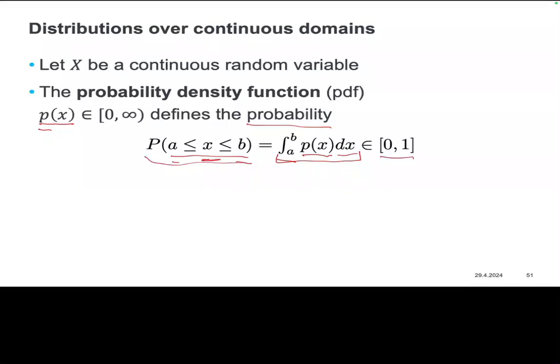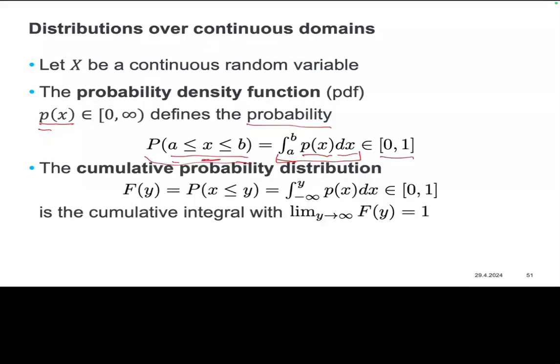And this I can use to represent, for example, the canonical cumulative probability distribution. This is often described with capital F of y, and F of y means that I'm interested in all the values less than some y, and I start at minus infinity until my y and sum up over the probability density varying the x.